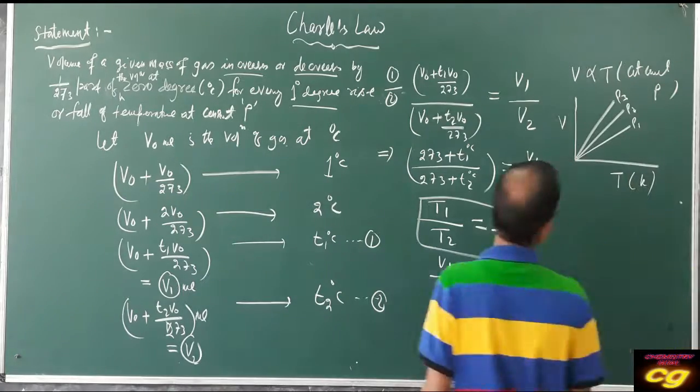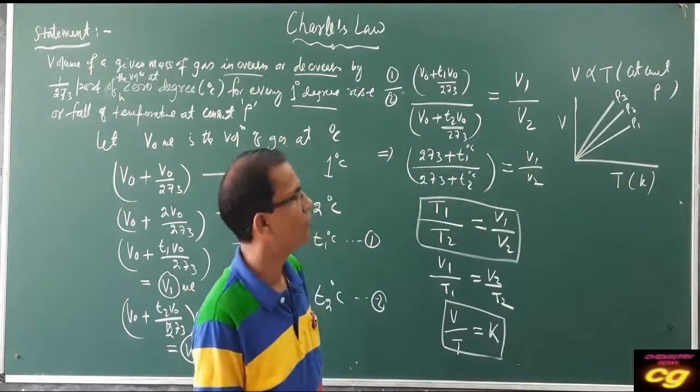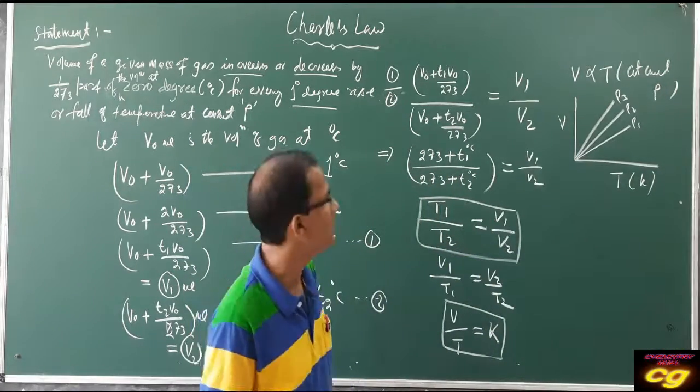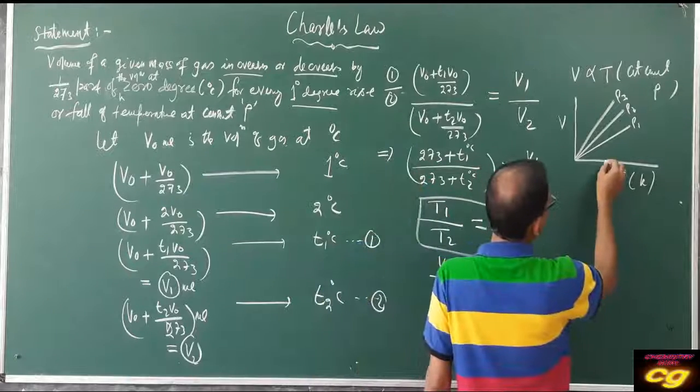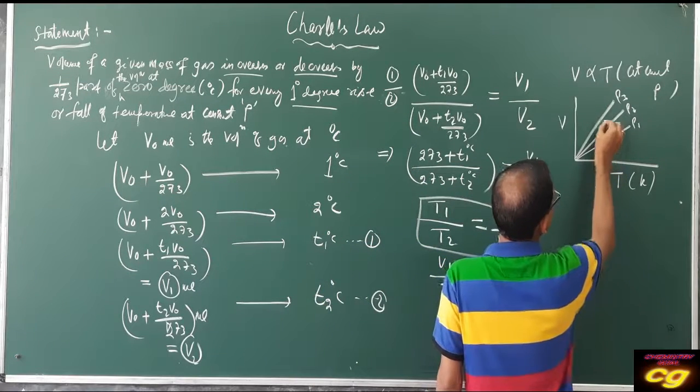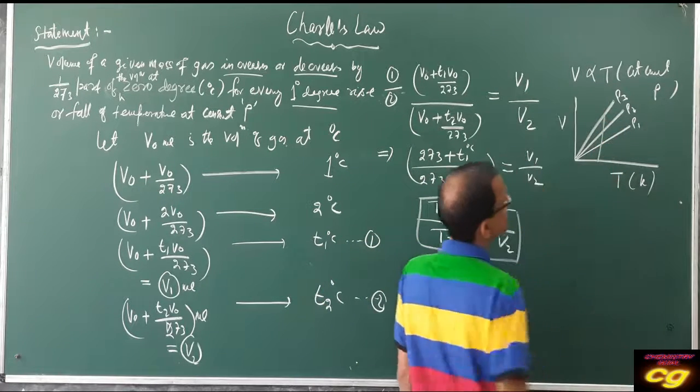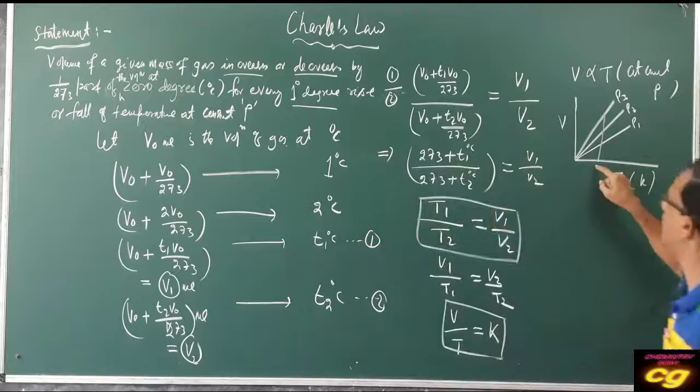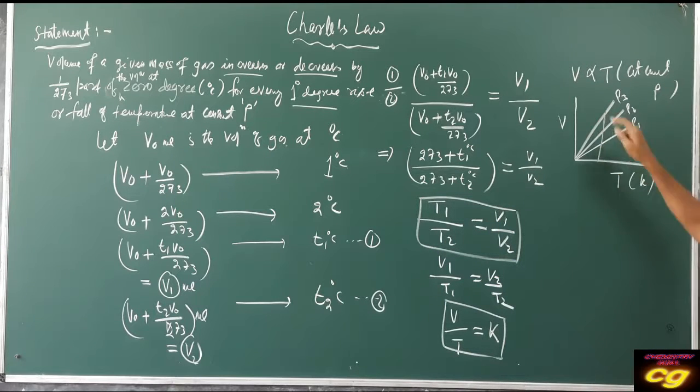The graph is plotted at different pressures. What is the relation between P1, P2, P3? When the temperature is constant, as volume is increasing, pressure will decrease. That's why P3 is less than P2, which is less than P1.